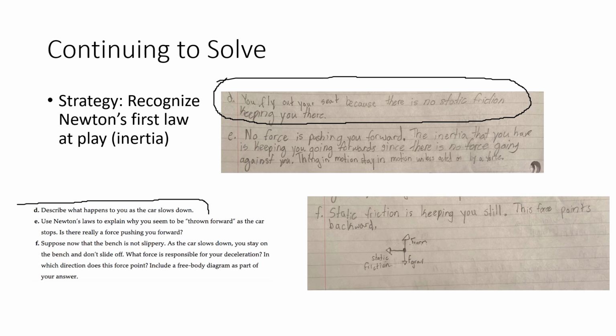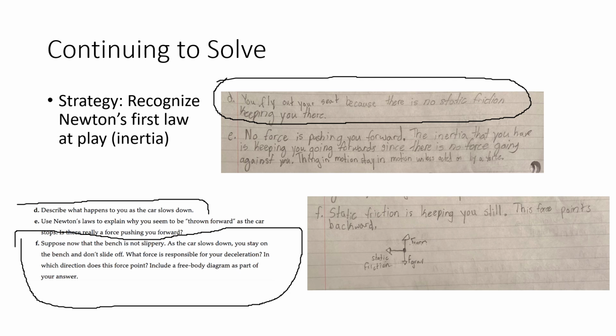Now we want to think about what happens if the bench is not slippery. In this case, friction would essentially keep you from flying forward by exerting a force on you so that you accelerate as the car accelerates. I show this in this free body diagram here.